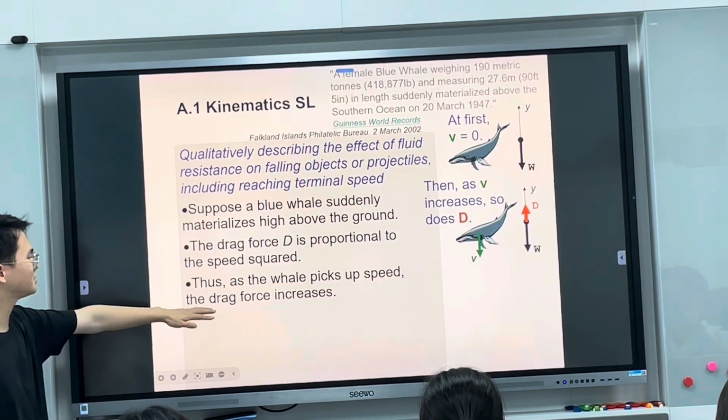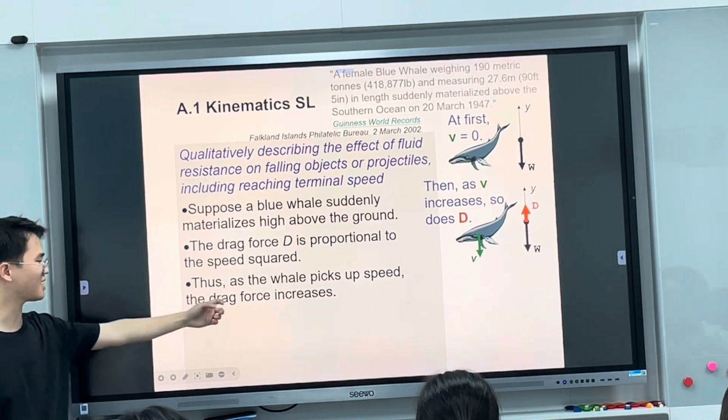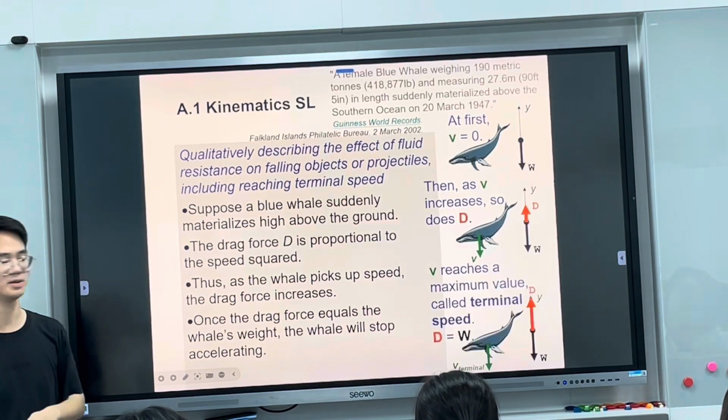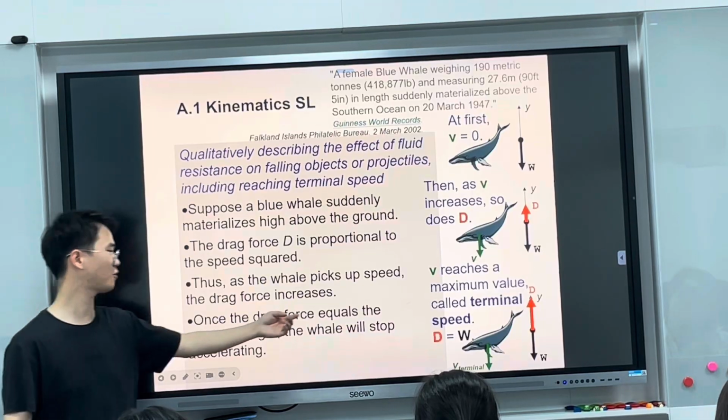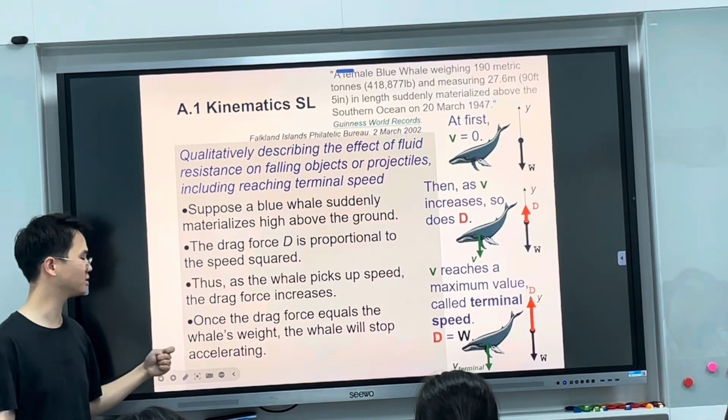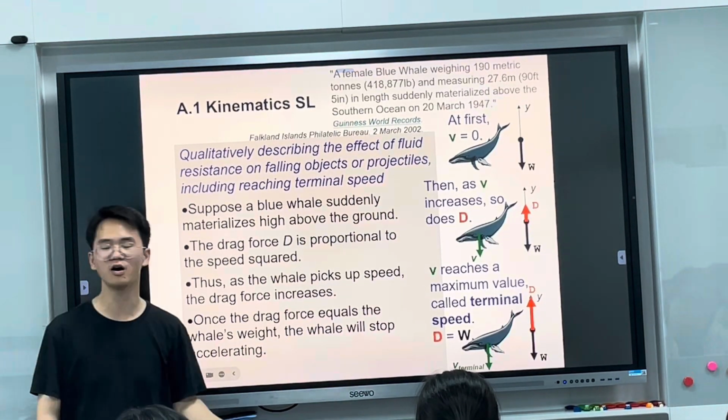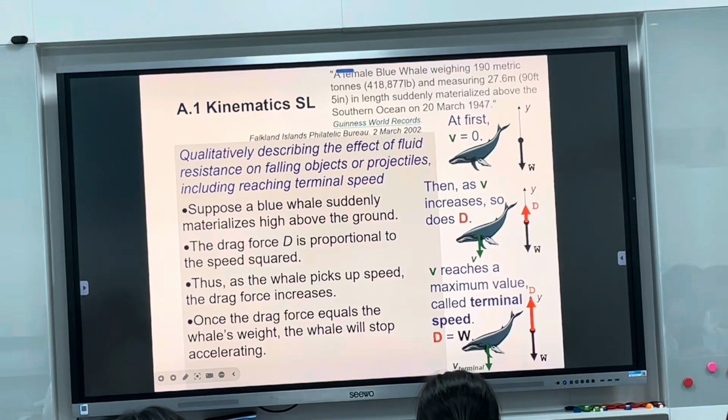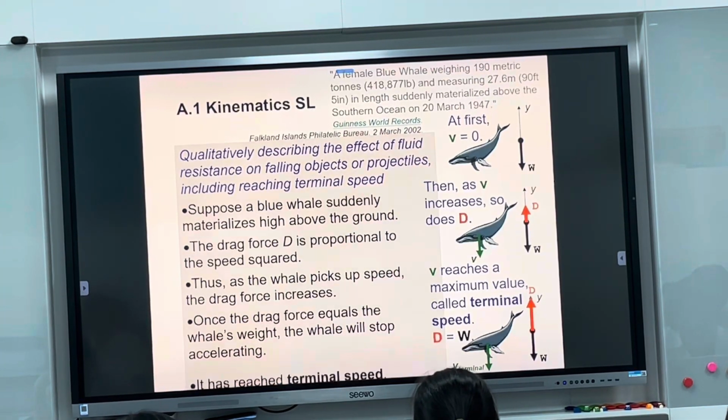So thus, the whale picks up speed and the drag force also increases in the meantime. And once the drag force equals the whale's weight, the whale will stop accelerating and fall at its terminal velocity or terminal speed. So the key condition here is forces balancing out with each other.